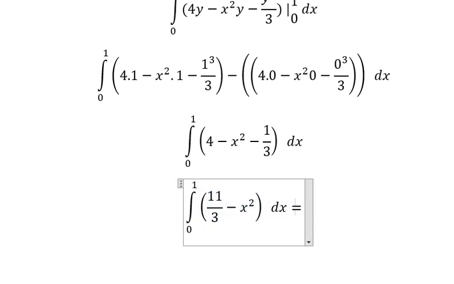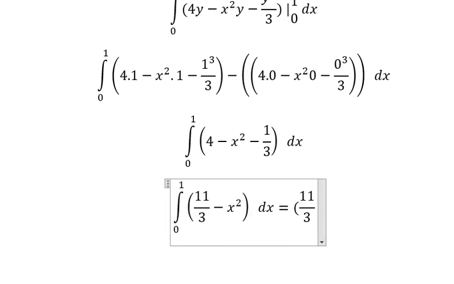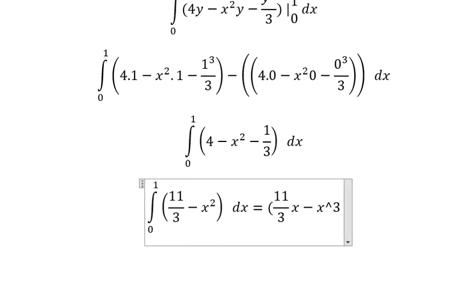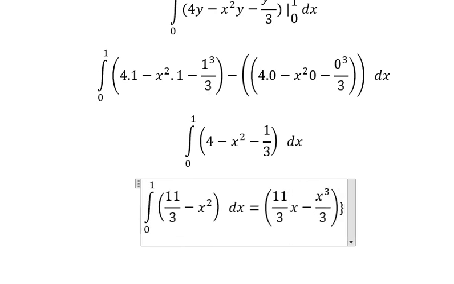The integration of 11 over 3, you got 11 over 3 x. This one you got x to the power of 3 over 3. And we put the bounds from 0 to 1.